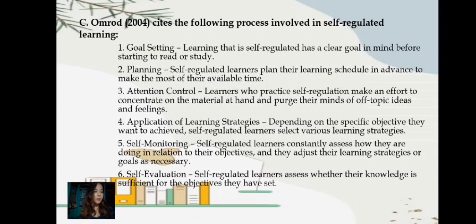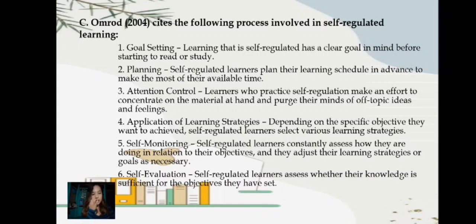The fifth process is self-monitoring. Self-regulated learners constantly assess how they are doing in relation to their objectives, and they adjust their learning strategies or goals as necessary. This means they continually monitor their progress towards their goals and change their learning strategies or modify their goals if necessary.